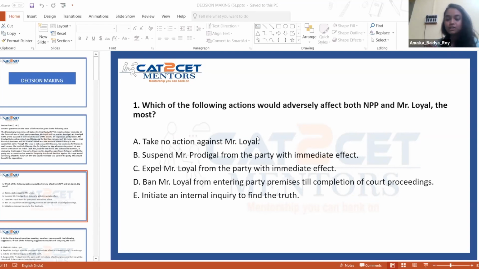I will show you examples here, and we will see how direct effects can be better than indirect effects while eliminating options. And another thing is that we will not select extreme options, until and unless the question asks us to do so.